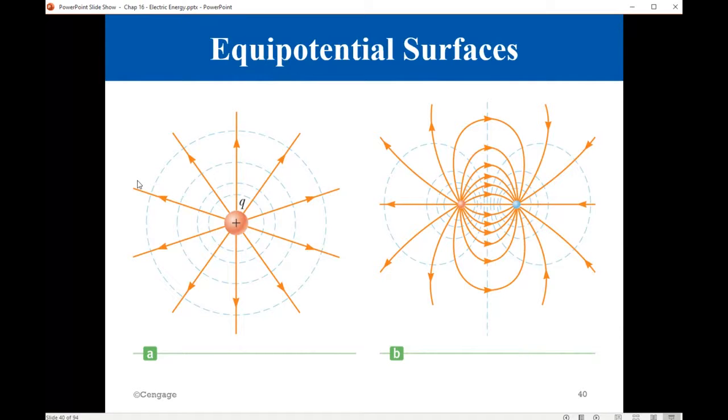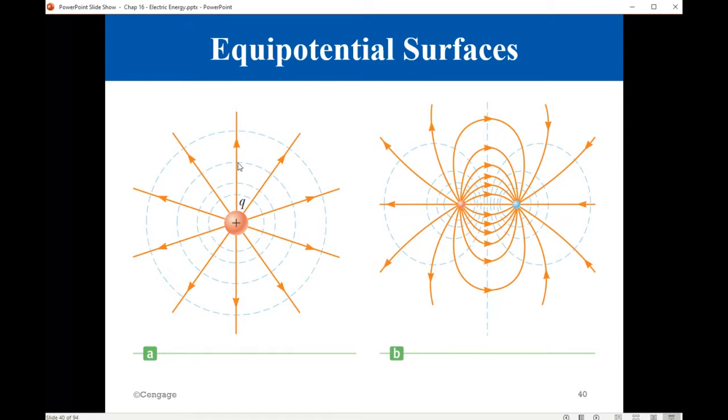In general, when we talk about equipotential surfaces, if you have a point charge like this, when you calculate the potential KQ over R, all points on this surface will have the same potential because they share the same value for R. If you move to another value of R, you will have another equipotential surface.